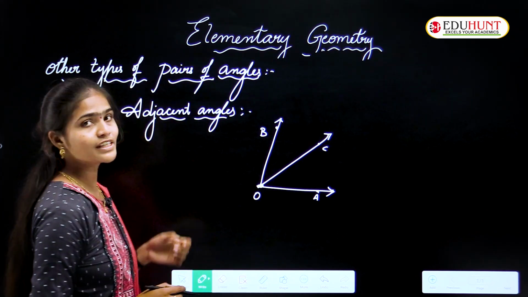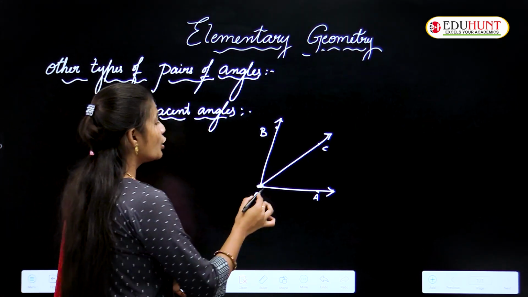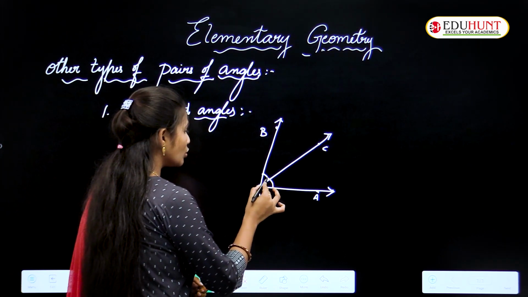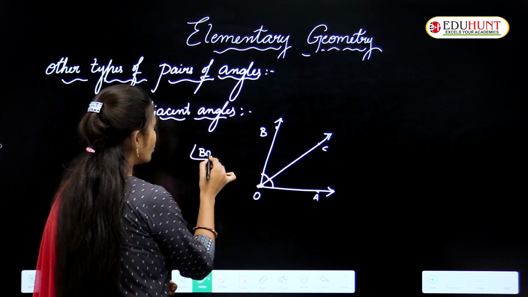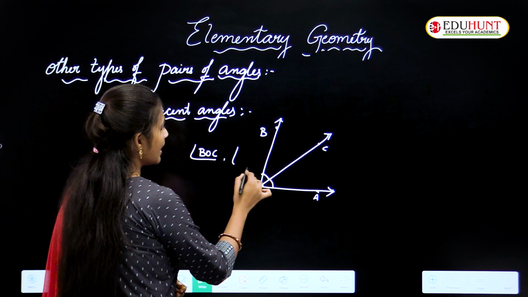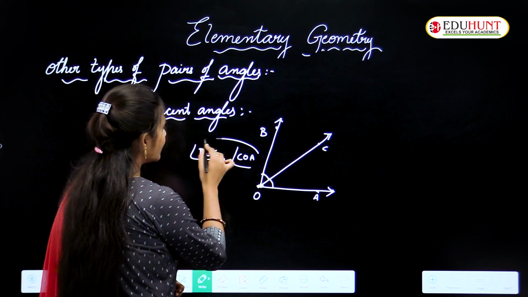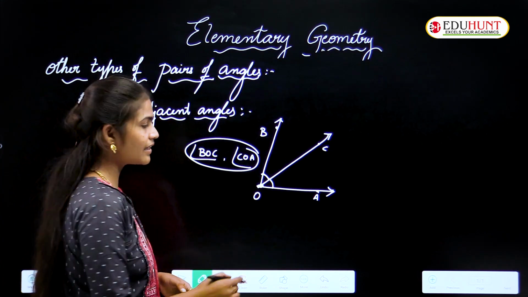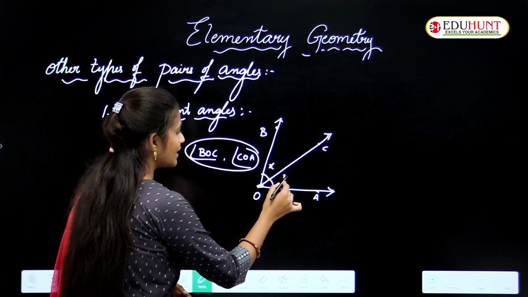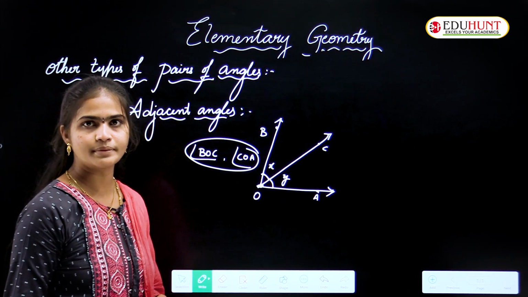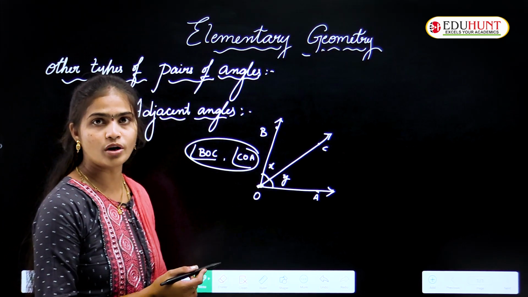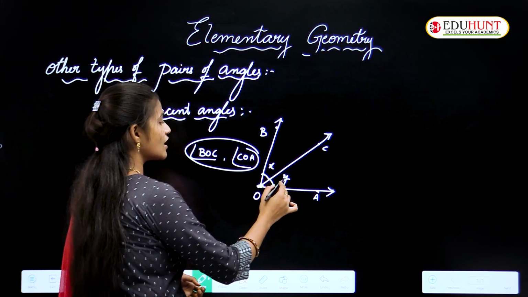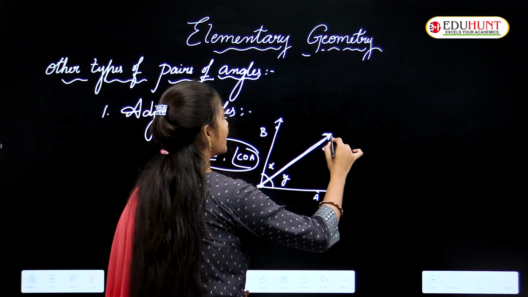What is the definition of adjacent angles? Two angles. If you consider this one as angle BOC, it is one angle, and another one is angle COA. Here this is one angle and this is another angle, X and Y. So two angles are formed by using the common arm.